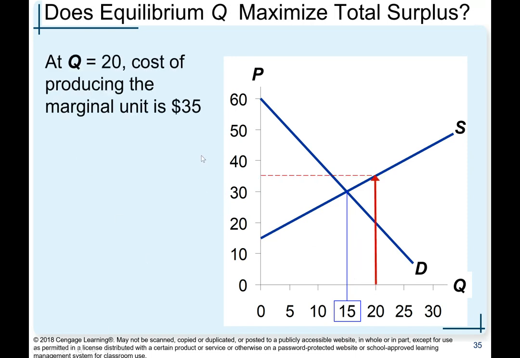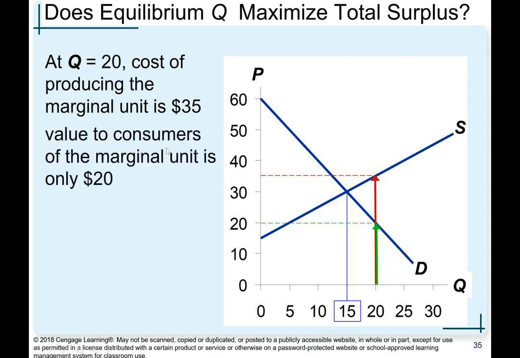So let's look at $20. At an output of 20,000 units, the cost of producing the marginal unit is 35. The value to the consumer of the marginal unit is 20.